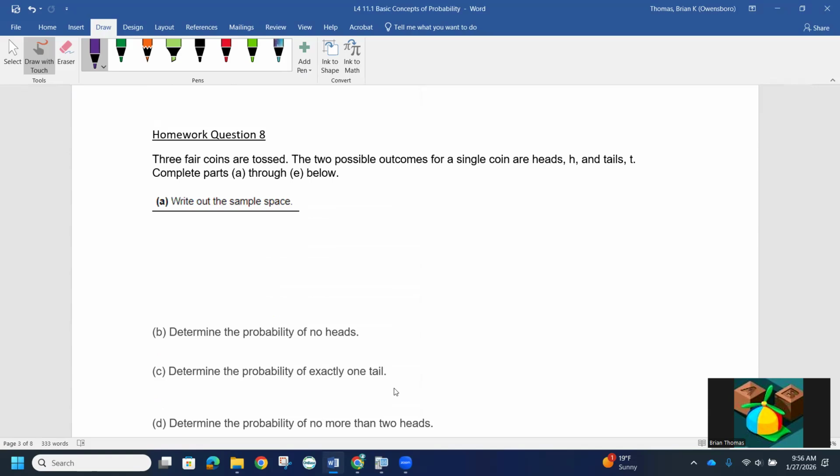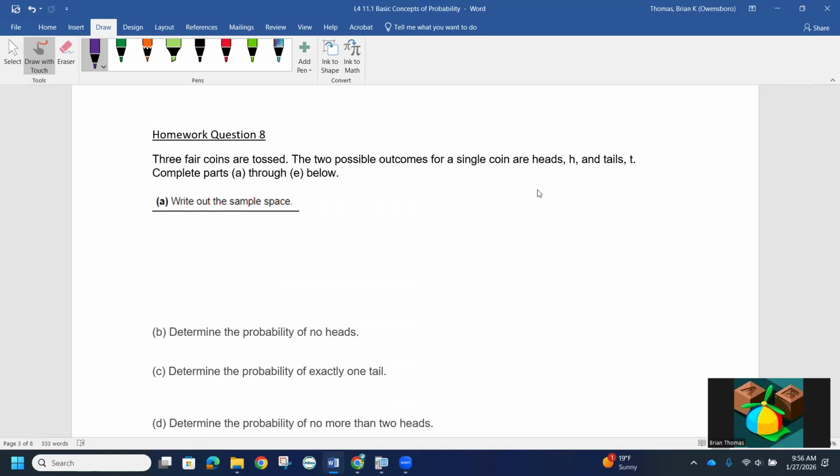So this brings us to question 8. We have three fair coins tossed. The two possible outcomes of a single coin are heads and tails. It says write out the sample space.